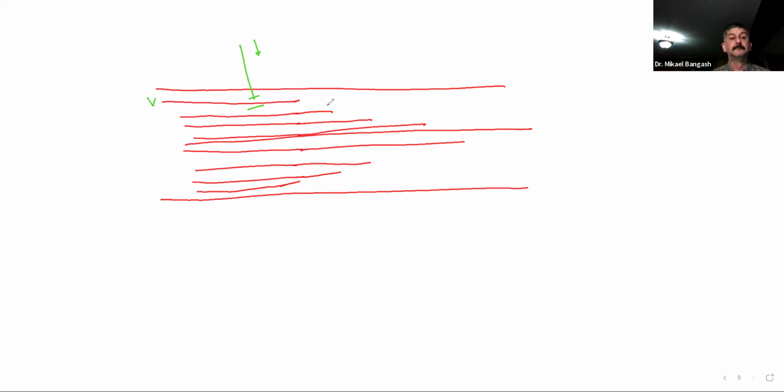Did that make sense? Whereas what if you measure it in this lane here? If you kept it here, you get a velocity for this area here, right?